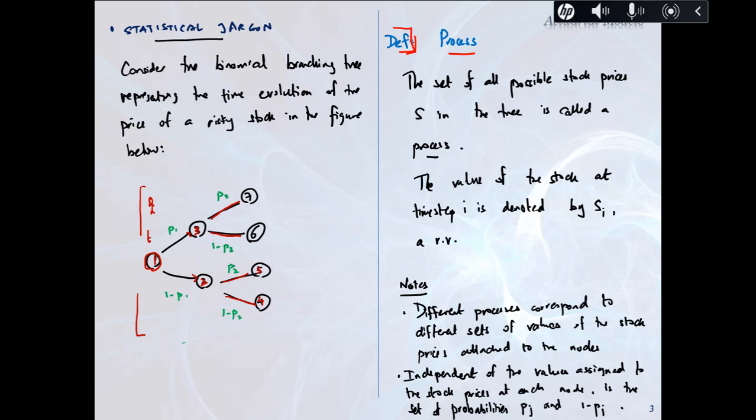Now, the first definition, process. I think perhaps you have come across this term process in the module stochastic processes. So we understand that a random variable is in fact a parameter which can take different values. Okay, that's why it is called a variable.